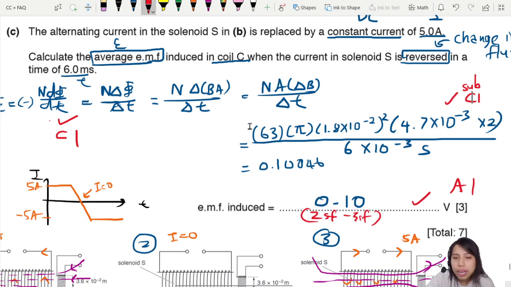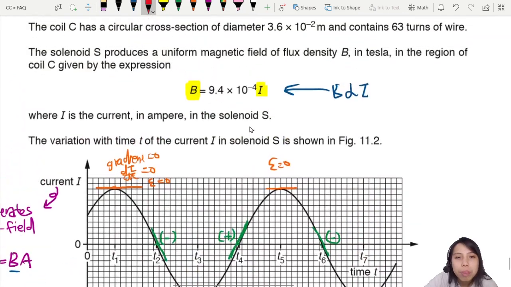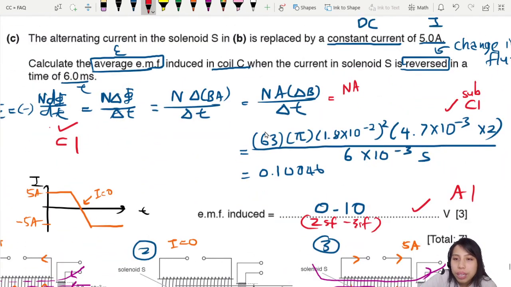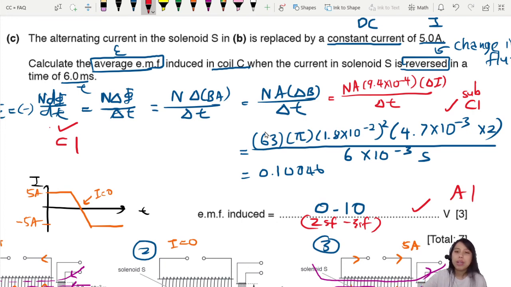Some of you may have used slightly different methods. Maybe you went a step further and said, Miss, delta B is related to the delta I, right? So you can sub into your equation the number 9.4 times 10 negative 4. So this will be NA times 9.4 times 10 negative 4 times your delta I instead, which is 10 amps: 5 minus negative 5, 10. That can also work. But this is the thing about being reversed.